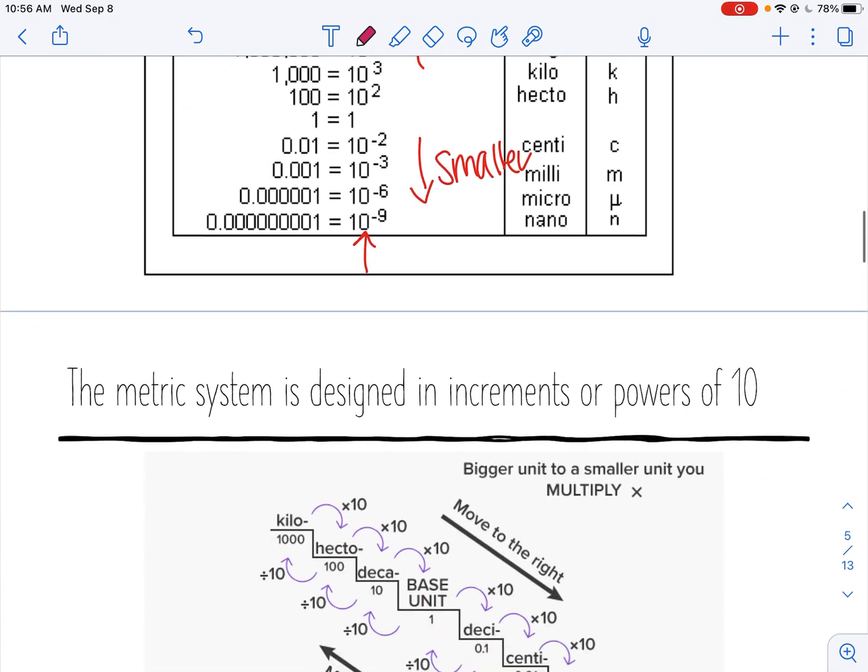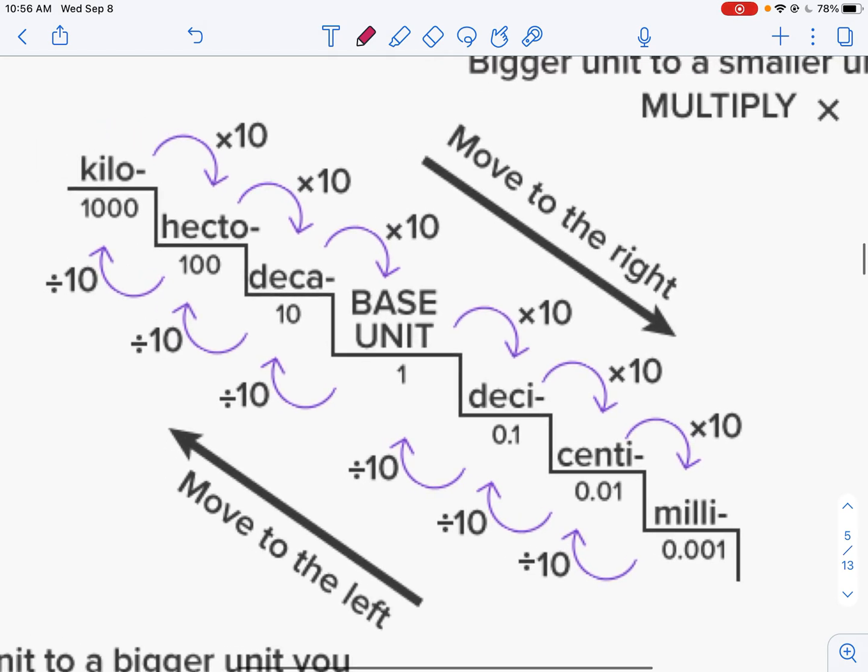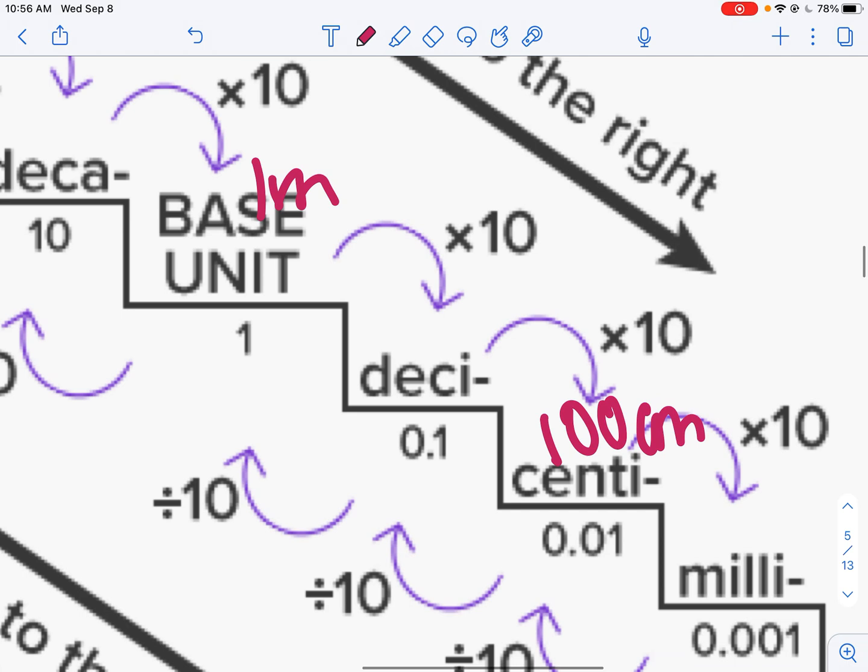Okay. So those increments of 10, you guys have seen this hopefully at some point in time. But let's say that I start with 1 meter. You guys know now that there's 100 centimeters in 1 meter. But how can I use this staircase in order to figure that out? Well, as I go to the right, or I go down my staircase, I'm going to multiply each step by 10.